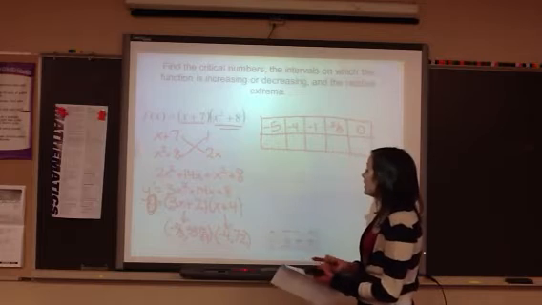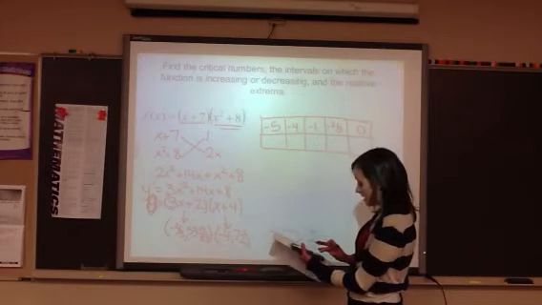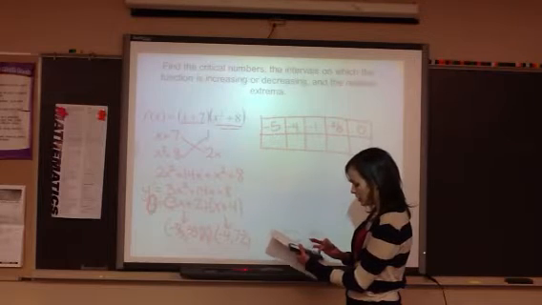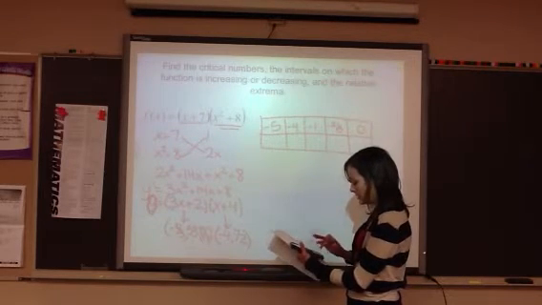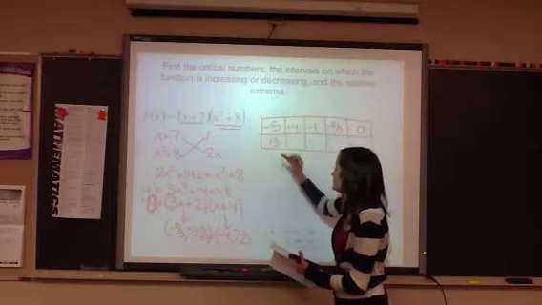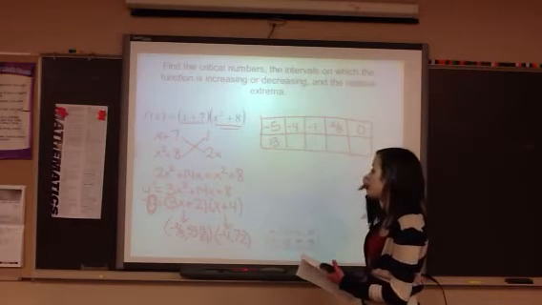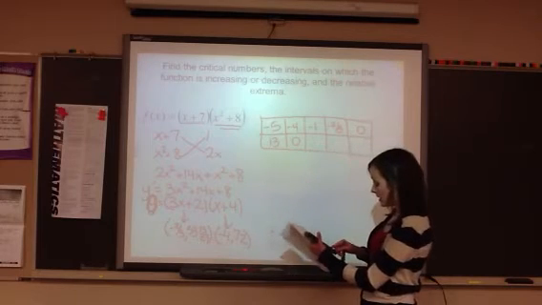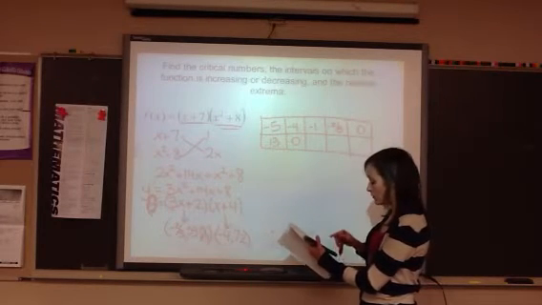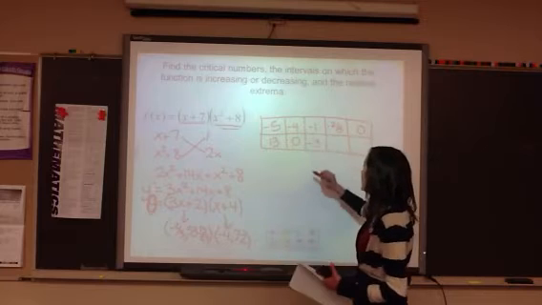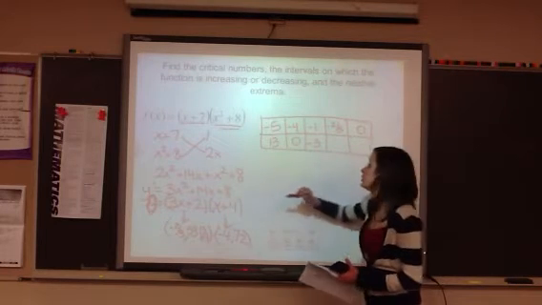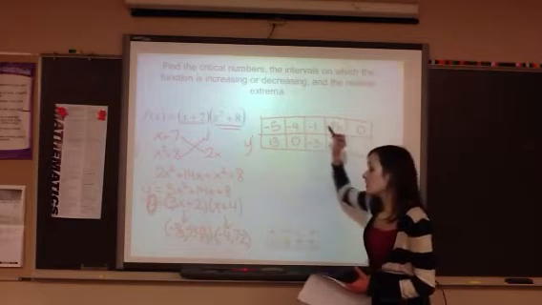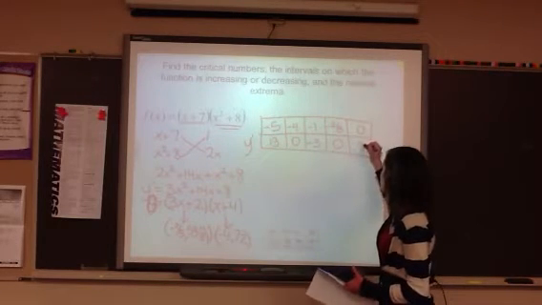So, if you plug in negative 5 to the derivative, you get 13. If you plug in negative 4 to the derivative, you get 0. If you plug in negative 1 to the derivative, you get negative 3. If you plug in negative 2/3 to the derivative, you get 0. You plug in 0 to the derivative, you get 8.